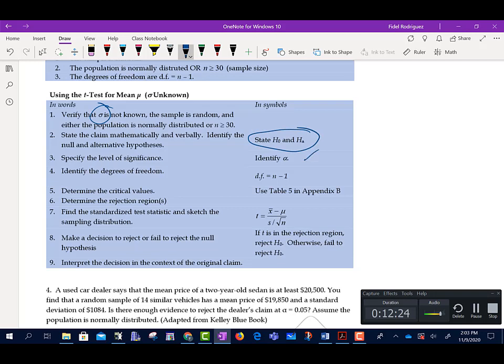We're going to find our alpha. We're going to find our degrees freedom. We're going to find the critical values. Again, we can use the table or we can use our inverse T. We're going to determine our rejection region. We'll find the standardized test statistic and sketch the sampling distribution. We will make a decision to reject or fail to reject the null hypothesis, and then we'll interpret the decision in the context of the original claim.